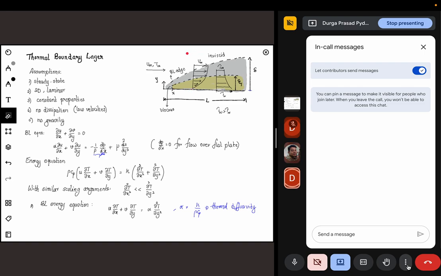Here is where you have the highest velocity. The inviscid region is where you have the highest velocity, and this is the next highest, and this is the least. You can see the arrow size. The arrow size basically signifies the magnitude of velocity. So close to the wall, the velocity has to be 0. As you go away from the wall, the velocity keeps increasing.